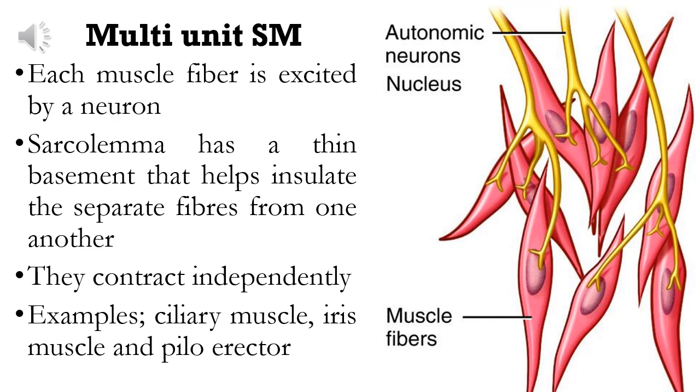The sarcolemma has a thin basement membrane that helps insulate or separate the fibers from one another, so that once one is stimulated, it does not necessarily imply that the next one will be stimulated. So they are stimulated independently, and therefore their reaction, I mean the mechanical response, which is contraction, is also independent. These are noted in components such as the ciliary muscle, the iris muscle, and so on and so forth.